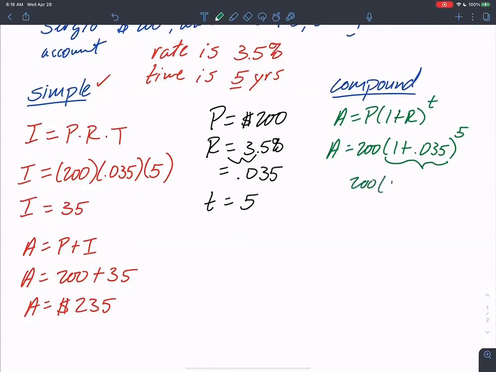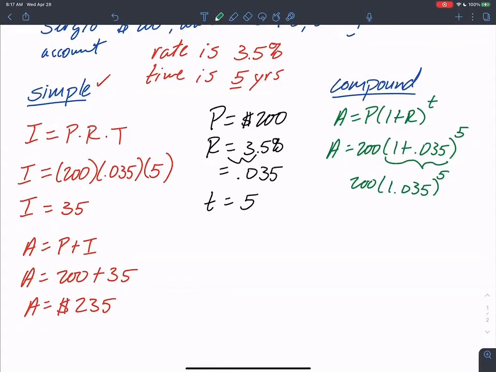200 times 1.035 to the 5th power. So this is where you want to use a calculator. You can use a Google calculator if you want. I think I have one on here.